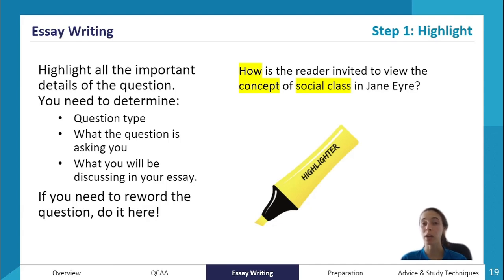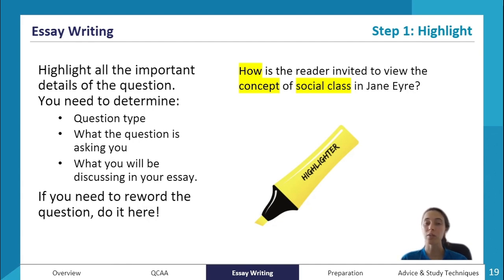You can't be looking at a female character; you have to be looking at a male character. So look out for those limiting words and the specific words that are telling you what you need to focus on. The good thing about the questions or the prompts is that oftentimes they're using the language that you then need to use yourself as well.